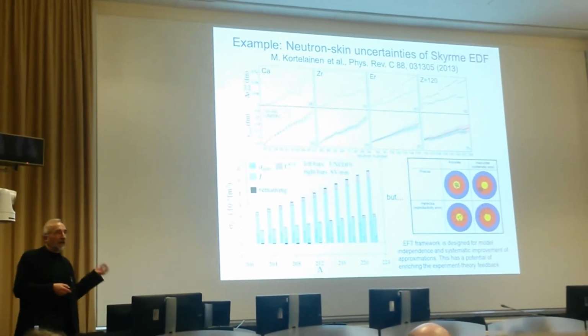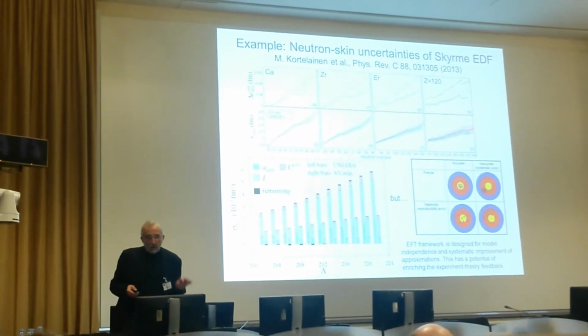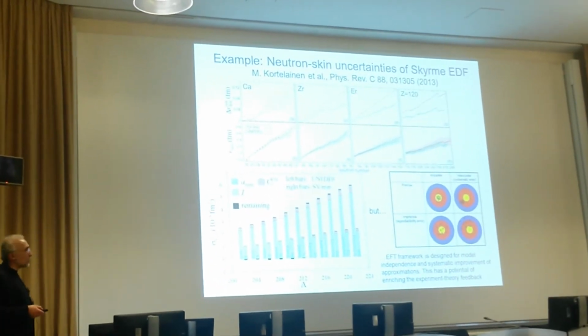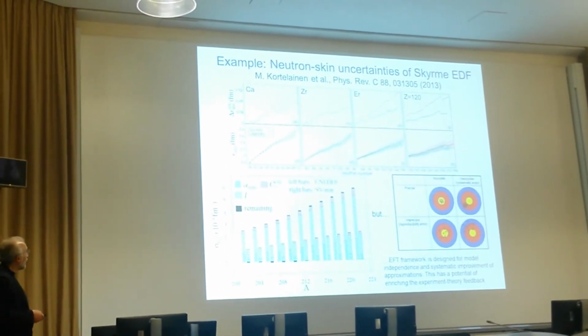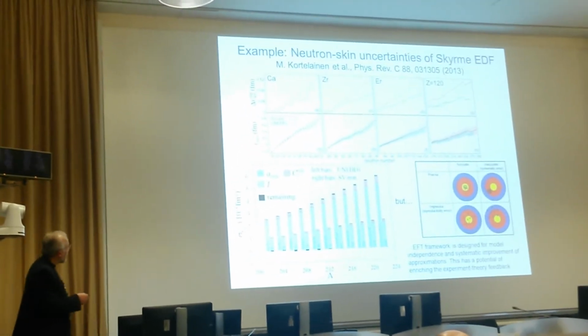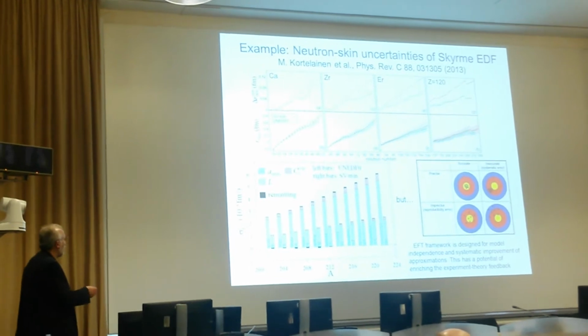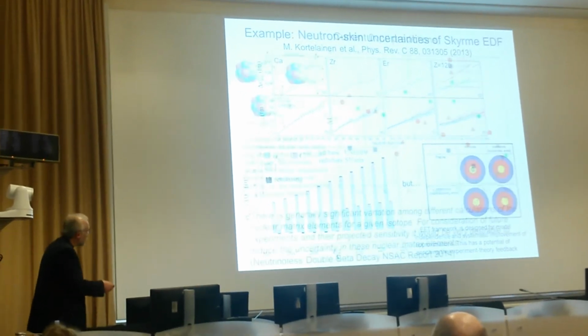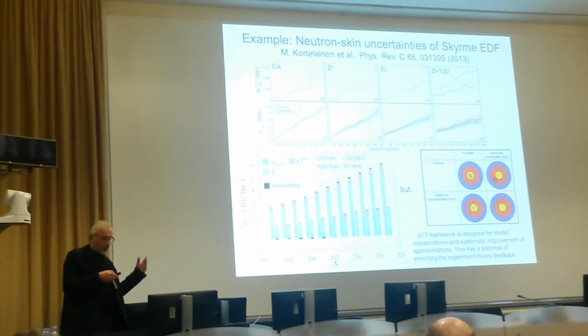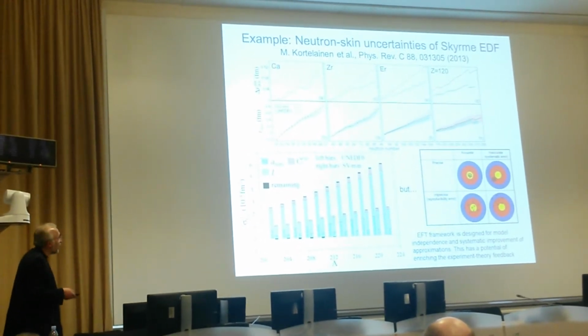This parameter L also impacts quite significantly the mass-to-radius relation for the neutron star. So by measuring and getting more information about this parameter L, one can reduce the theoretical error bar on this quantity, and this will also help the equation of state.